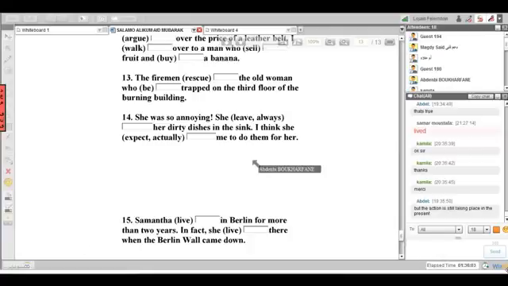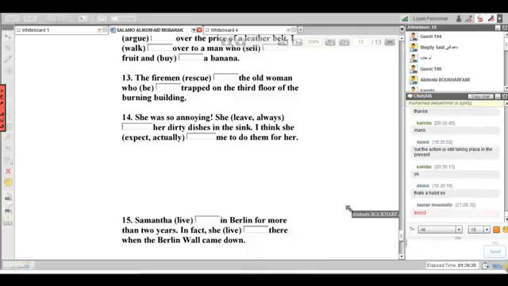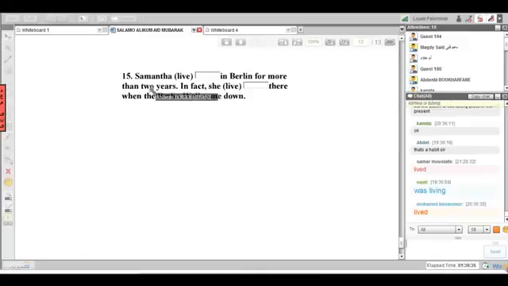Previous sentence, I missed it. Okay, Najat, you don't know when you use was. Was is used just with singular pronouns. Okay, we use was just with singular pronouns.